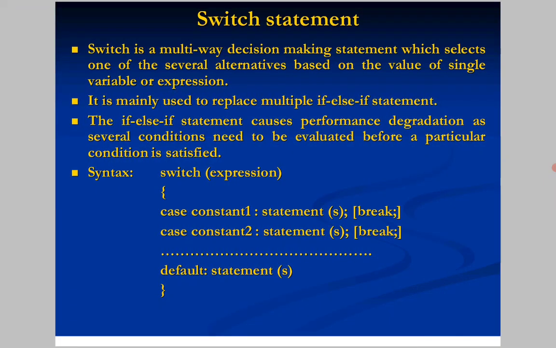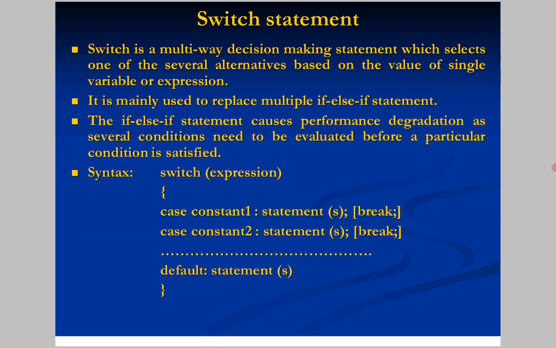Next, the switch statement, another important conditional statement. Basically the control statements are of four types: simple if else statement, if else if statement, nested if statement, and switch statement.